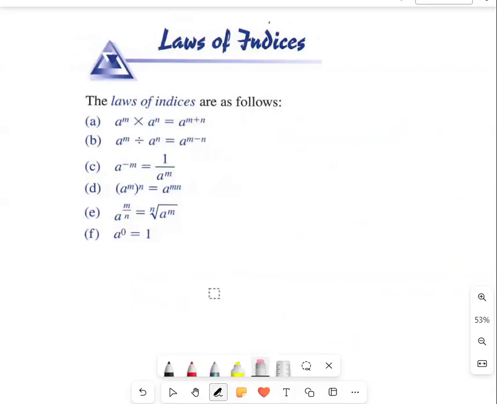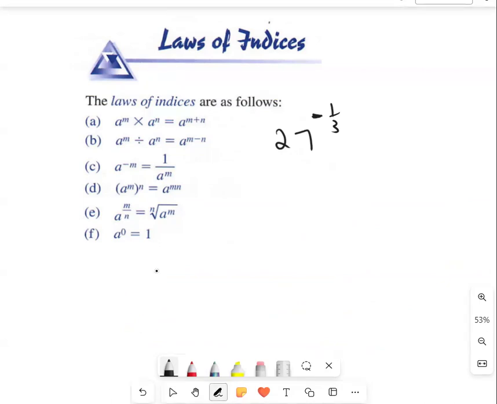Let's say you have one like this. 27 to the minus 1/3. Right? What do you do with that? How do you deal with that?